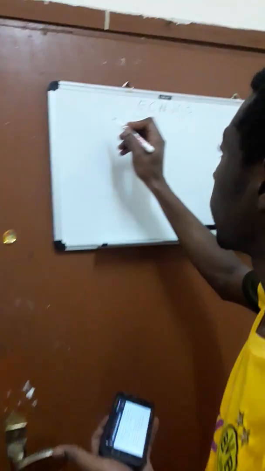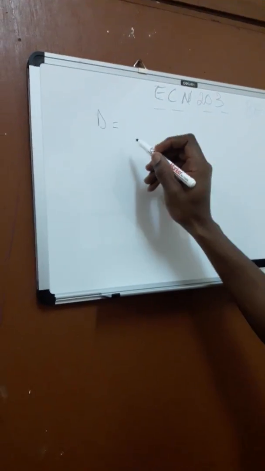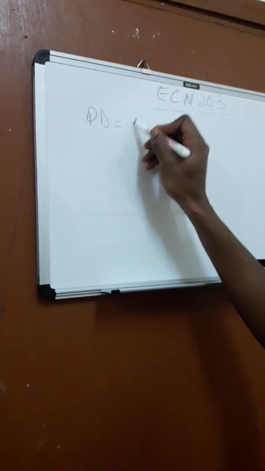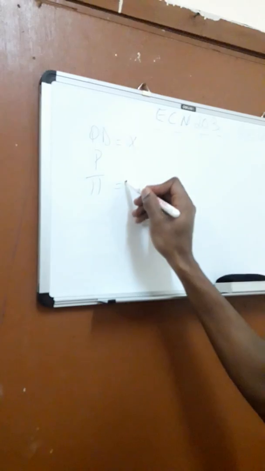Now, quantity demanded, or the demand, is equal to X. We are going to look at price. We are going to look at pi, which means profit.